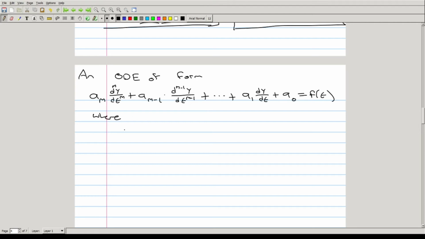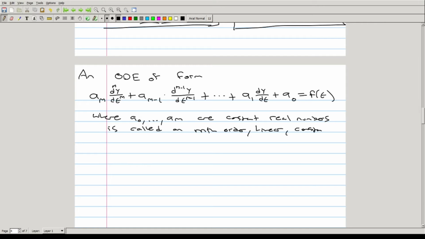where a_0 through a_m are real numbers, constant real numbers, is called an nth order linear constant coefficient ordinary differential equation.